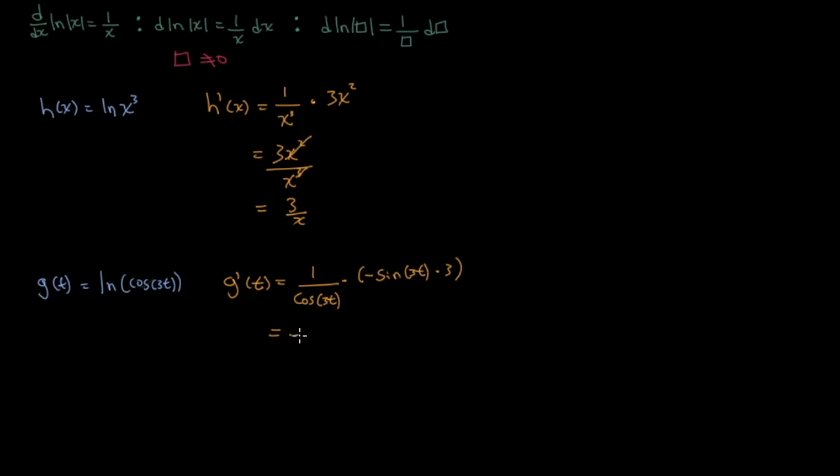So we can write this as negative 3 times sine over cos, which will be tan 3t. And that's it. There you have it. That is the derivative of this function here, and that is how you calculate the derivative of a natural logarithmic function.